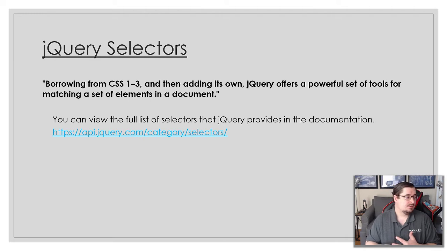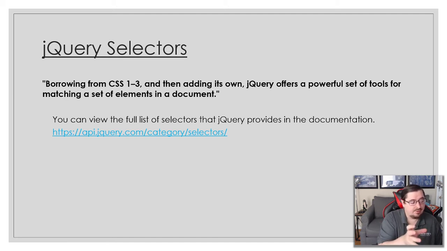So jQuery selectors in general borrow from CSS 1 through 3, but they also add their own. jQuery offers a very powerful set of tools for matching elements and matching sets of elements in a document. That's a quote from the jQuery documentation. You can follow this link to see the full list of selectors that are available in jQuery.